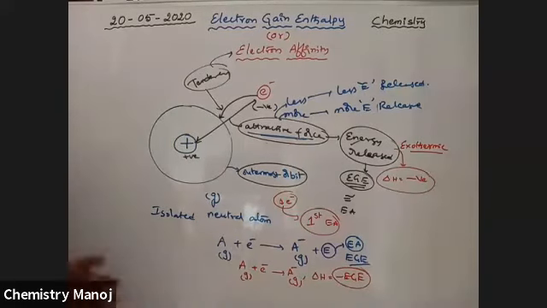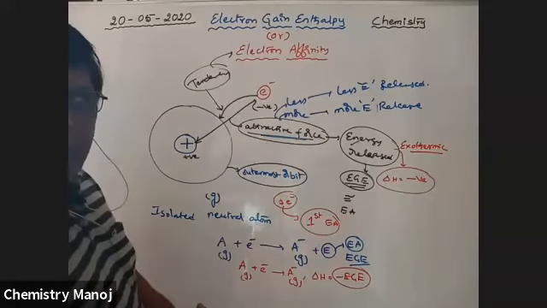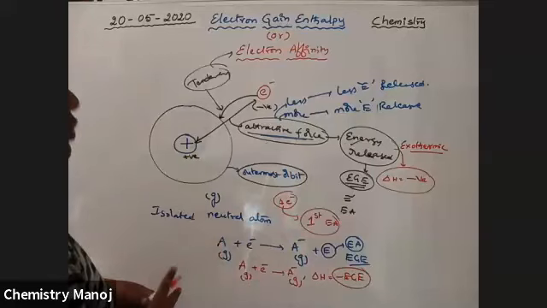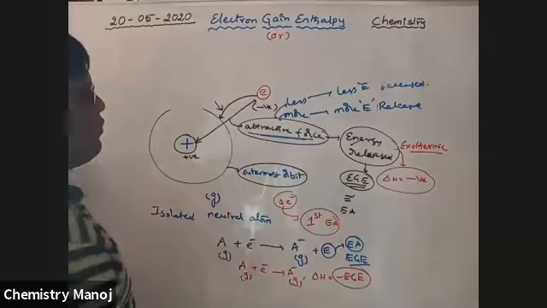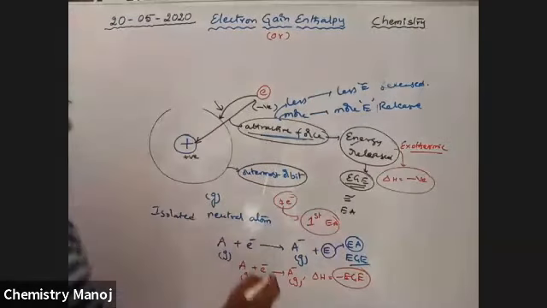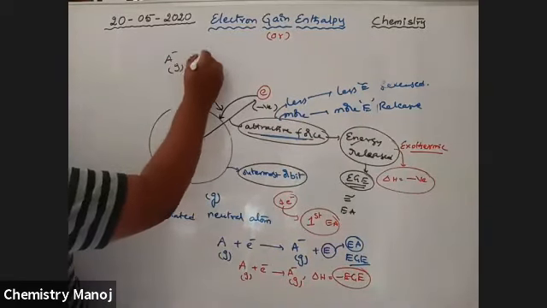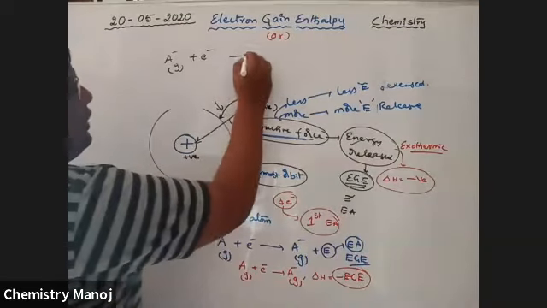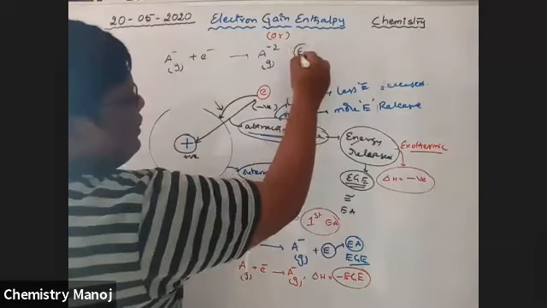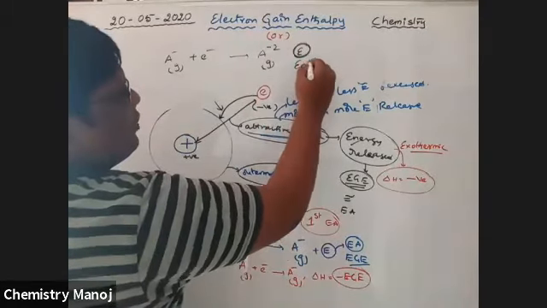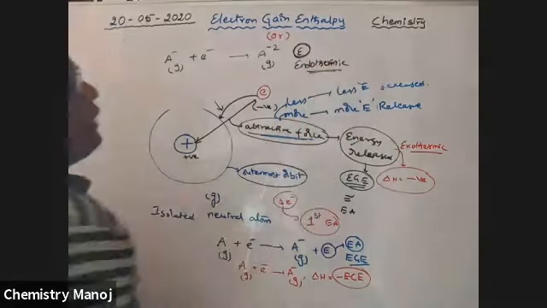So if you want to add one more electron to this, when one electron is already added and some energy has been released, see here. Now the A minus gaseous ion is there, and to this I am going to add one more electron. So now it converts into A 2 minus gaseous ion. This is an endothermic process.